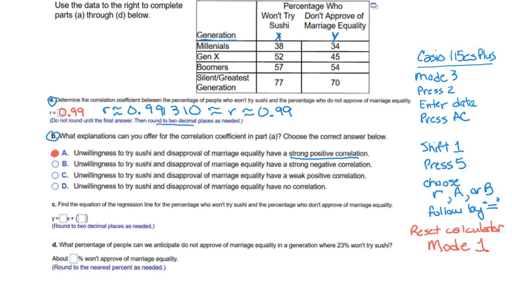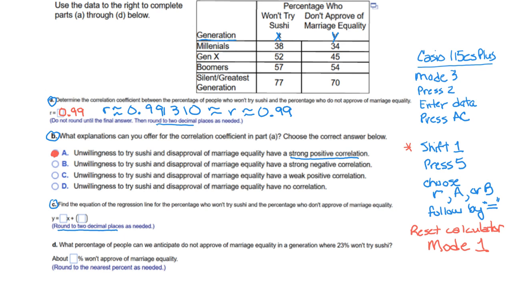All right, so for part C, it says find the equation of the regression line for the percentage who won't try sushi and the percentage who don't approve of marriage equality. So you can see on here, it says y is equal to blank x plus blank. Round to 2 decimal places as needed. So once again, we're going to go back to the second part of our instructions where it says shift 1.